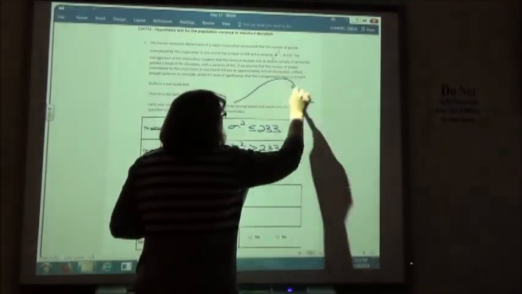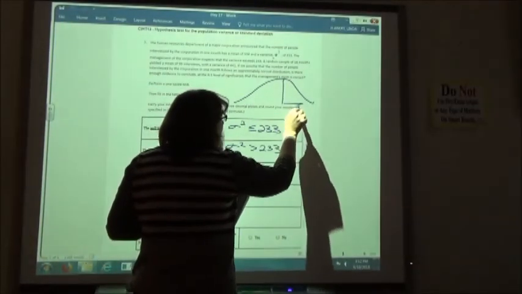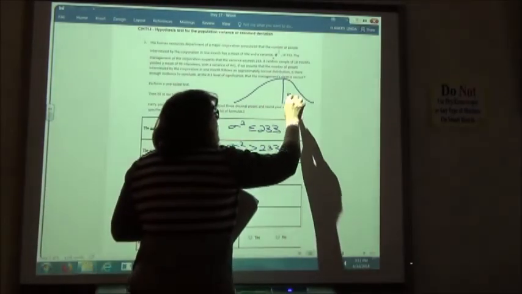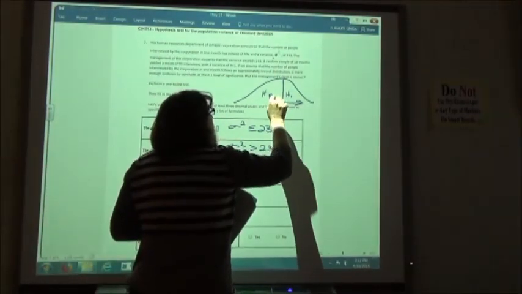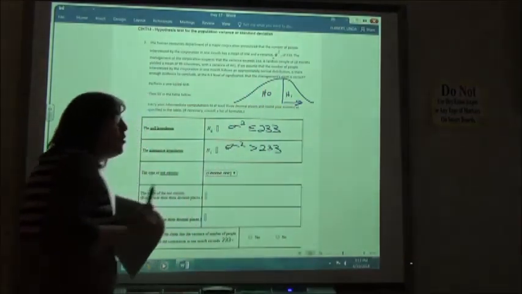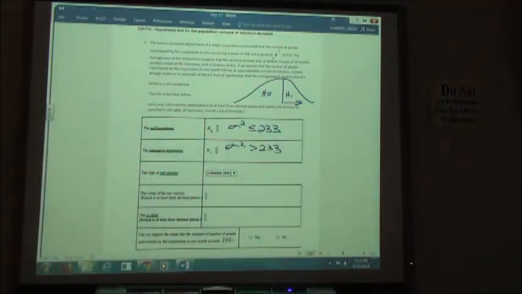Our one-tailed test is checking, are we greater, because we always compare it to the 233. So my alternative hypothesis would be in that section, my null hypothesis would be in that section that I'm trying to test. Again, if we're doing standard deviation, we are going to do the chi-squared test.